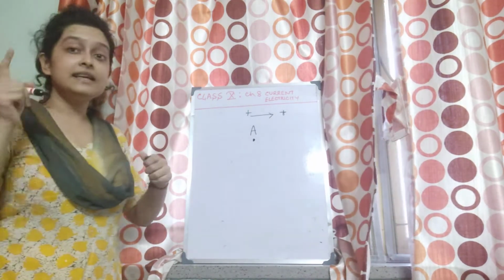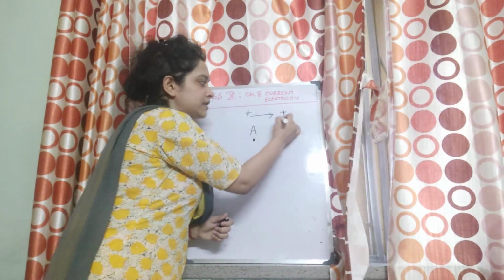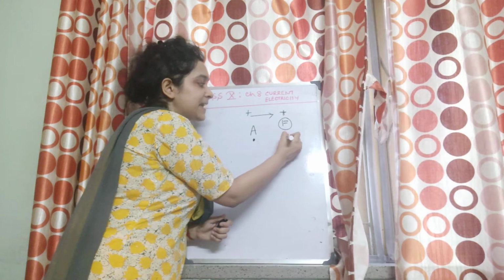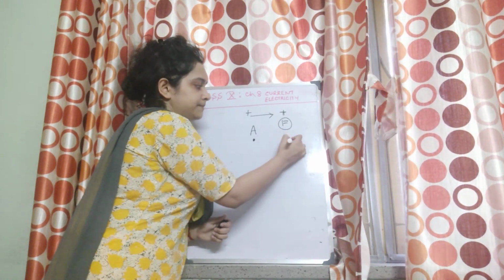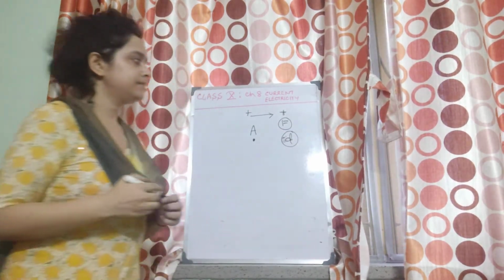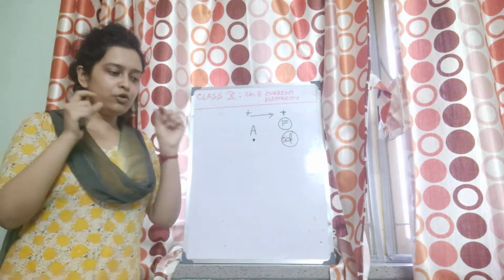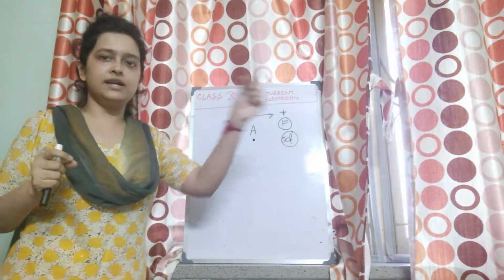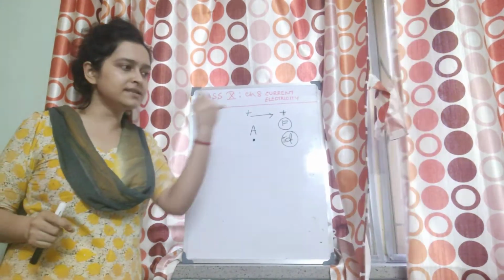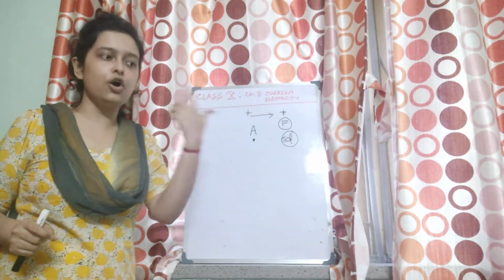And there is a force involved and there is a displacement involved. I am moving a charge from one point to another point. A displacement is involved and a force is involved, force of attraction or repulsion.